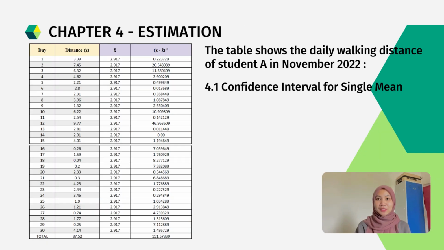Assalamualaikum, my name is Rana Jaha, metric number CN210385. So in this video, I'll explain about the estimation application which is on chapter 4. So there are a few subtopics for this chapter, but I will only explain on the confidence interval for single mean.